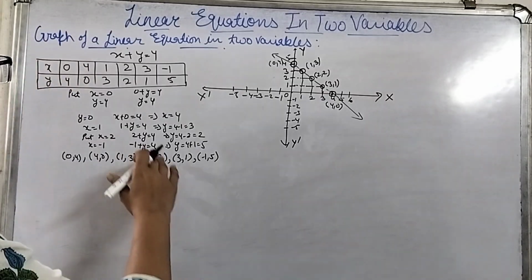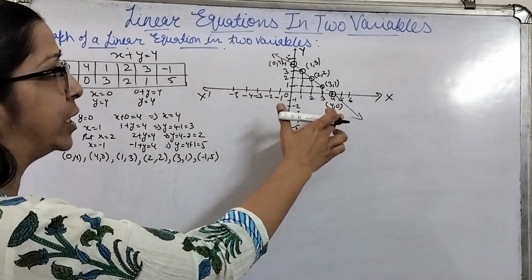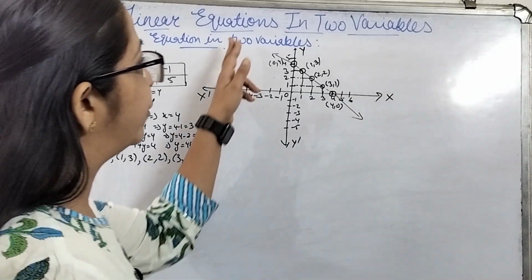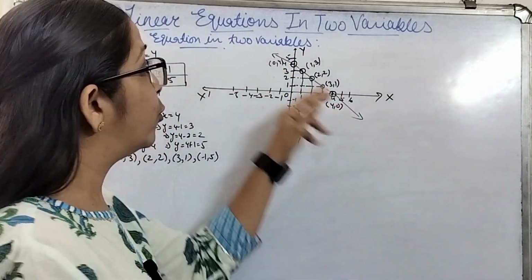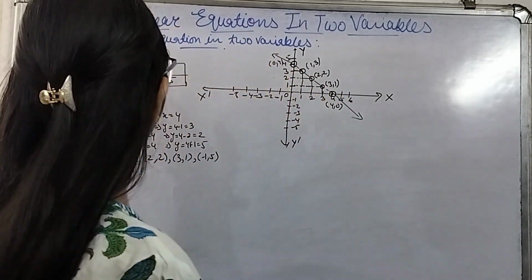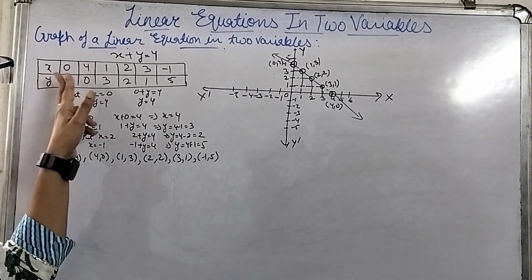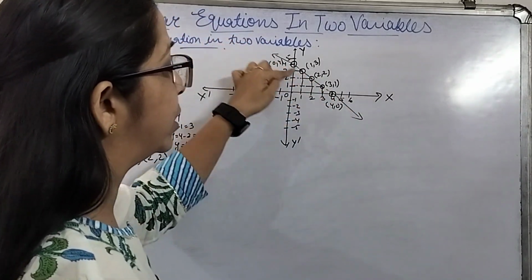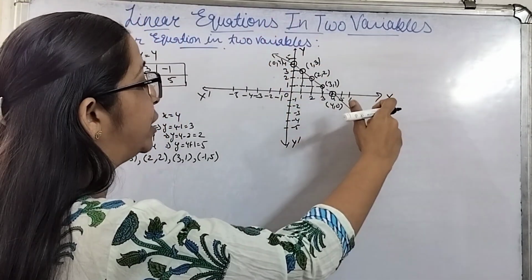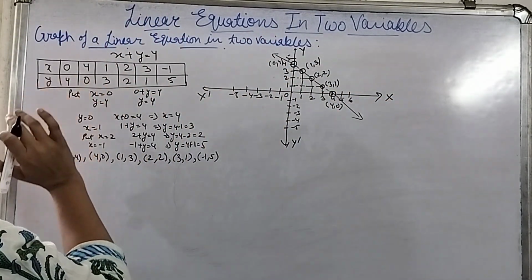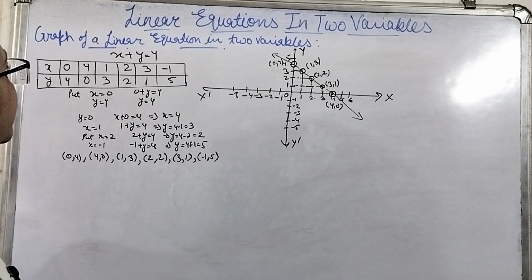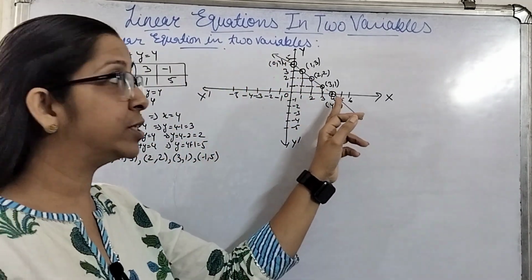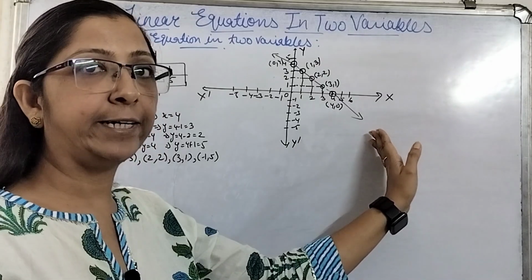Now over here we can see we have taken only 2 points, only 2 solutions of this equation, and when we joined them, we got a line. Now whatsoever the solutions were there, all these solutions were lying on this line only, the line which we had drawn initially using your 2 solutions. We plotted these 2 solutions, joined them and got a line.